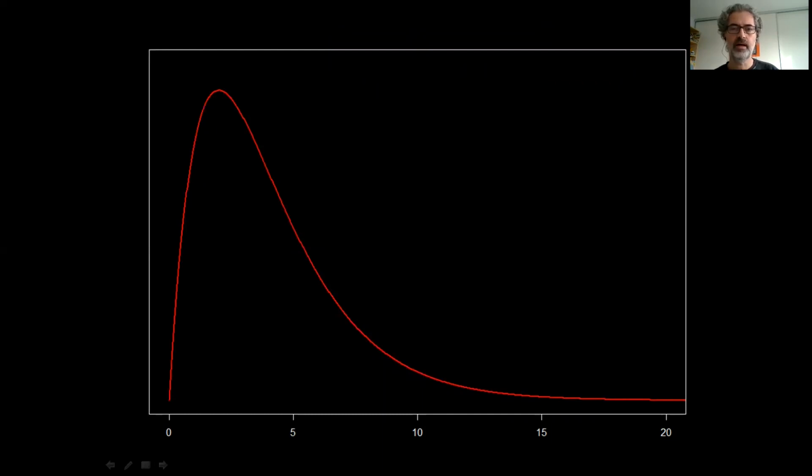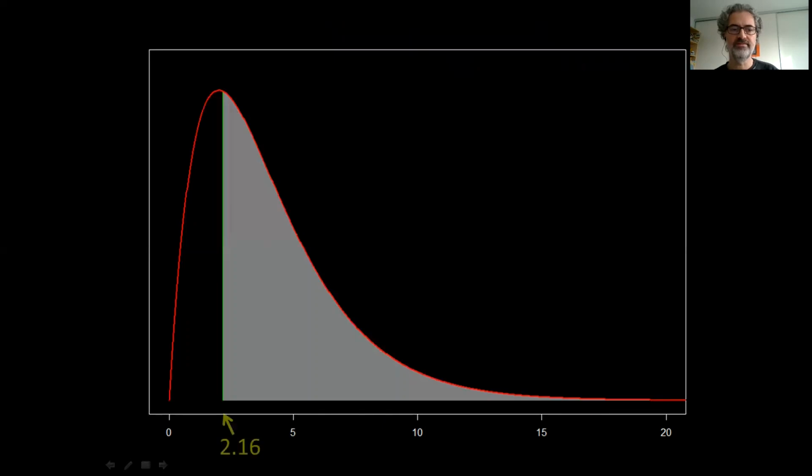If we look up our observed value of 2.16, we find that the probability of a value as large or greater than this one in this distribution is more than 70%.